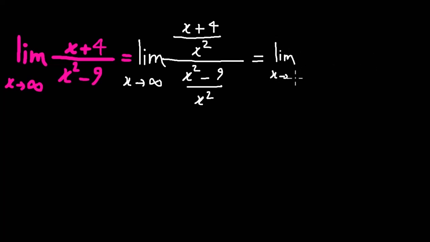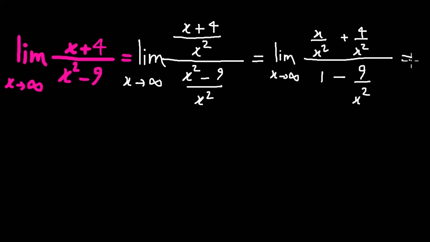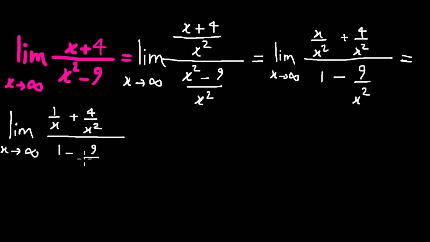In the numerator we have x over x², which is equal to 1 over x, plus 4 over x². And the denominator is 1 minus 9 over x².